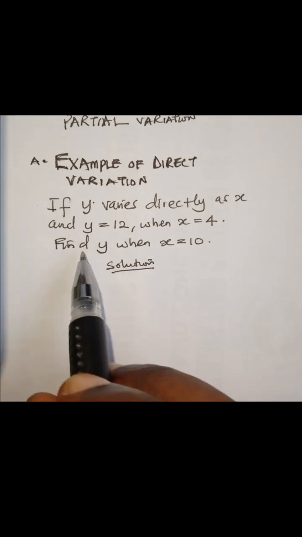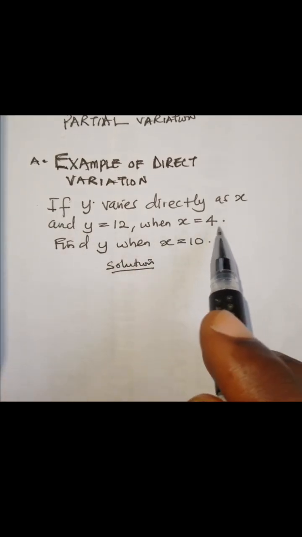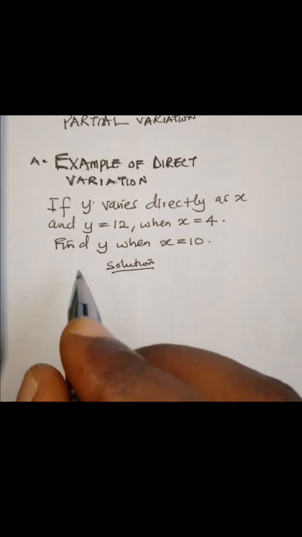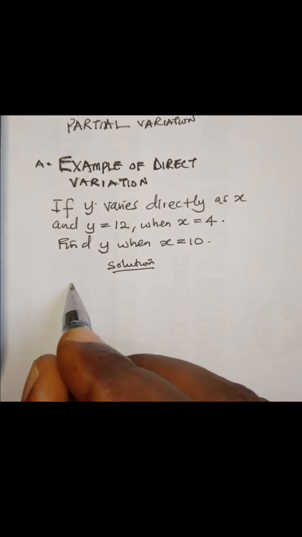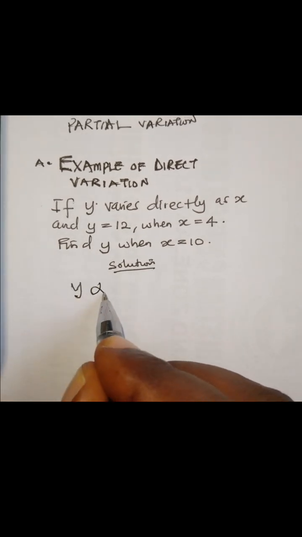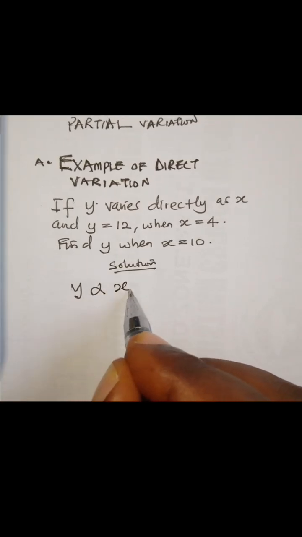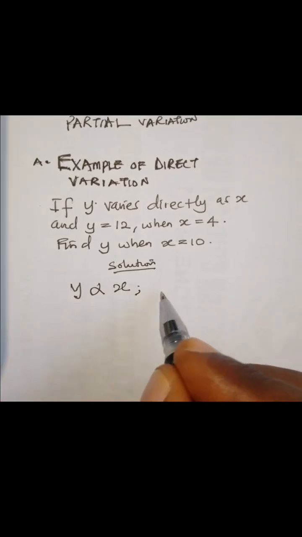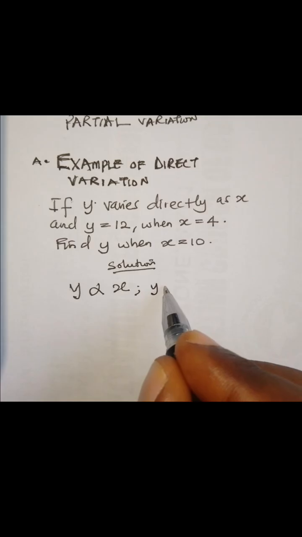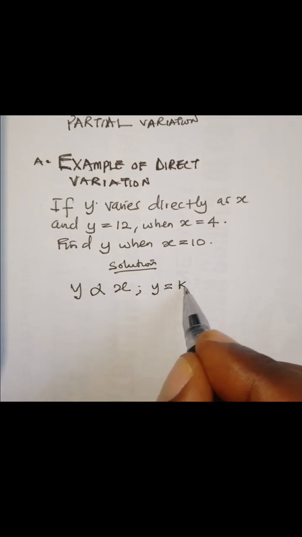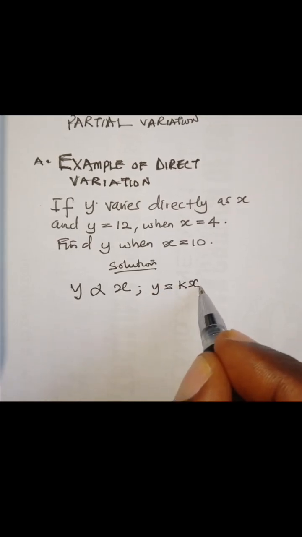First, we write this as an equation, which says that y varies directly as x. So in a simple equation, we can write y equals k times x.